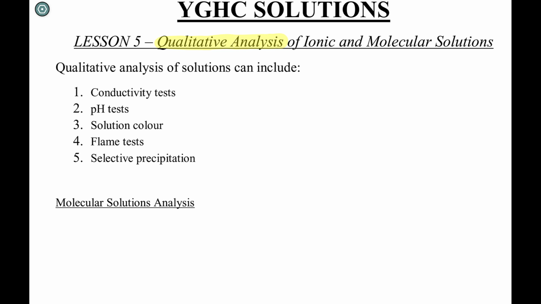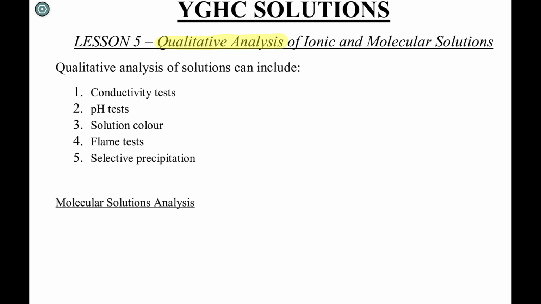Those are qualitative things that you can visually see when you're working with solutions, or sometimes what you would visually see on, say, a multimeter when you're doing a conductivity test. So quantitative is with numbers, and qualitative is without numbers.